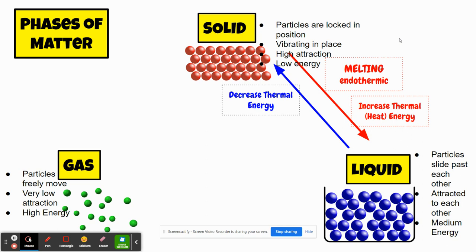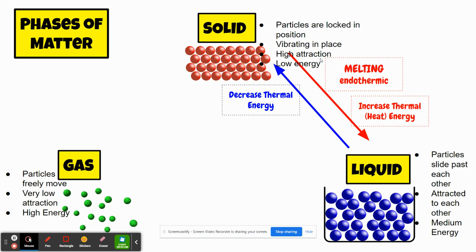Now, you can go backwards as well. A liquid to a solid can change, and that's where this is called decrease thermal energy. You can decrease thermal energy when you take away the energy.